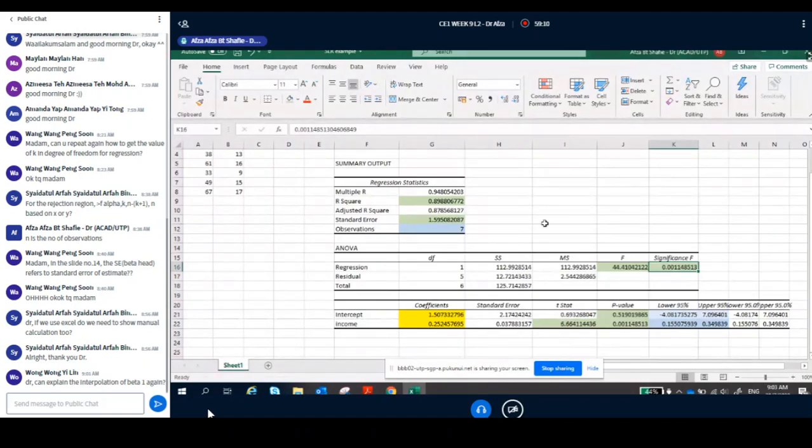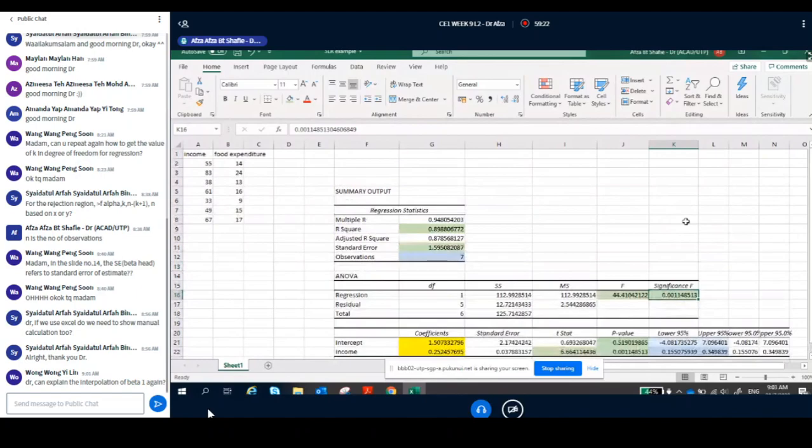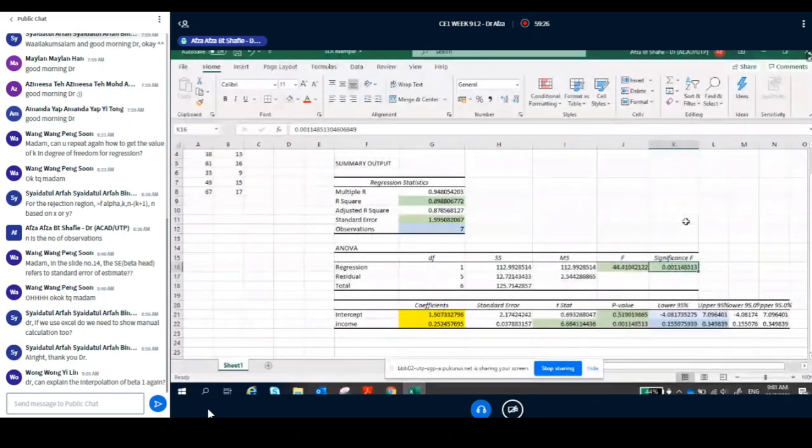So this is how we do it when we run it on Excel. Whether it is multiple or single, it can be done in this manner. It's quite good for you to know this, so that the next time you do any analysis, this will help you to determine or build the relationship between the X and the Y, provided it is a linear relationship.